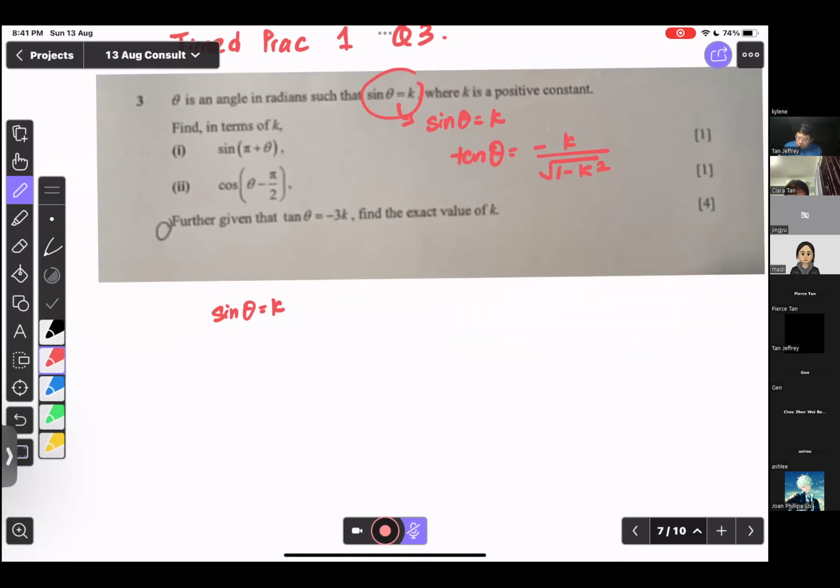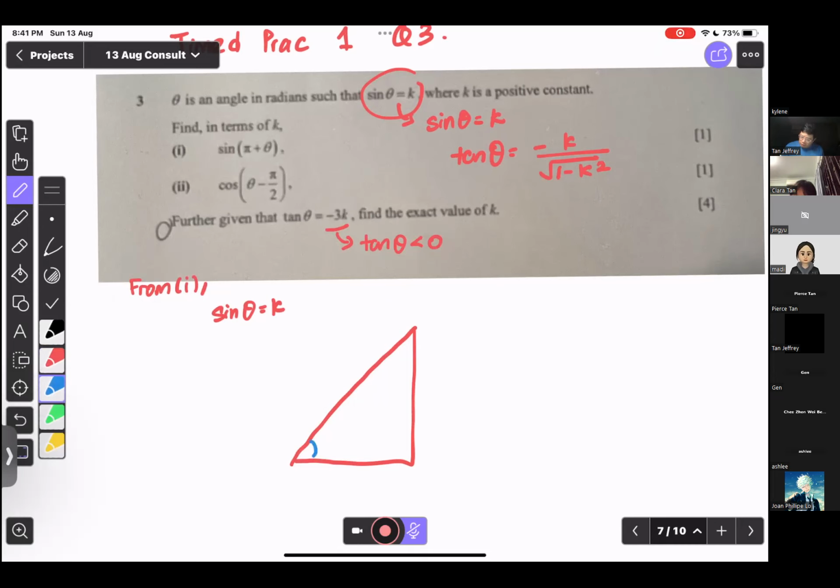Okay, so I'm going to draw out theta. Did they say that? Okay, so they say tangent theta is negative. So this one tells me that tangent theta is negative, right? From part one, sine theta is equal to k.